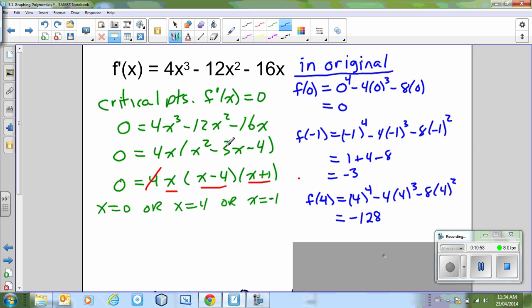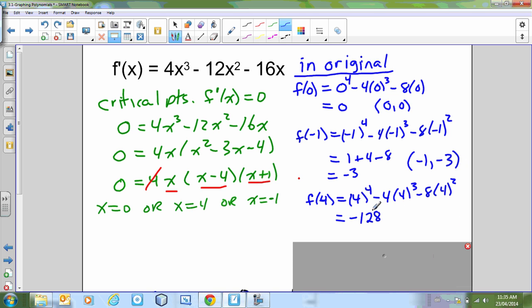The point 0, 0 we already know, so plugging in the 0, I get 0, 0 as one of my critical points, one of my turning points. When x is -1, plugging that into the original, we find that y is -3. And when we put the 4 in, we find that y is -128.